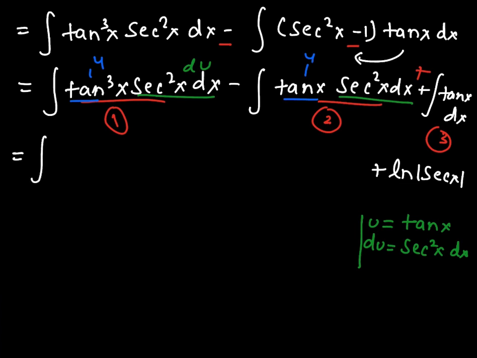So we would have the expression as the integral of u cube du minus the integral of u du plus ln mod of secant of x.